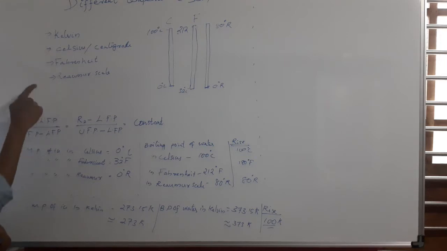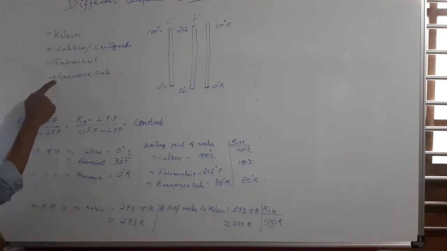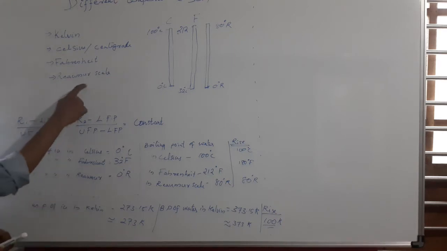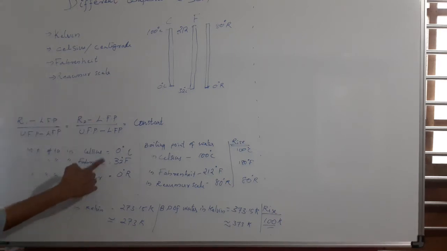In the case of Celsius, the melting point of ice is 0 degree Celsius. In the case of Fahrenheit, the melting point of ice is 32 degree Fahrenheit. In the case of Romer scale also, the melting point is again 0. So that I have written here.